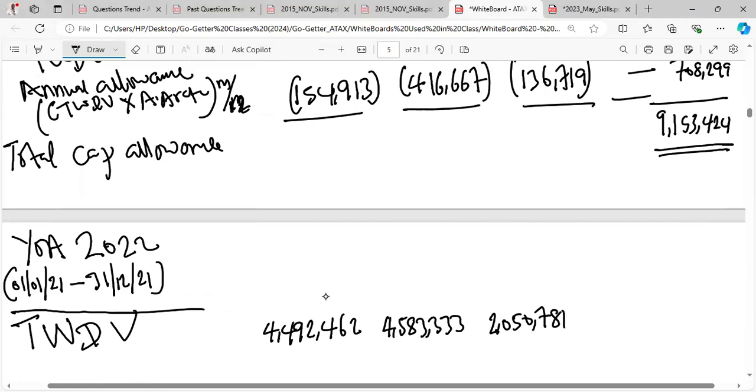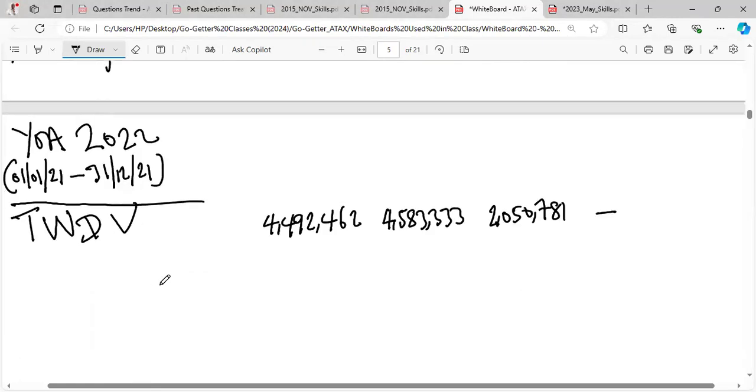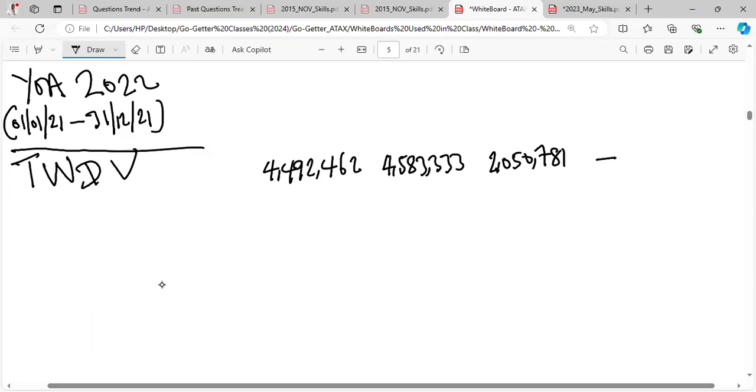And of course, this is dash here. So in this year, you also bought an asset, so you have costs of qualifying capital expenditure.